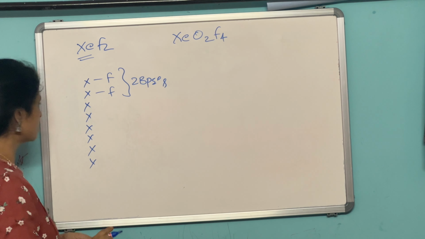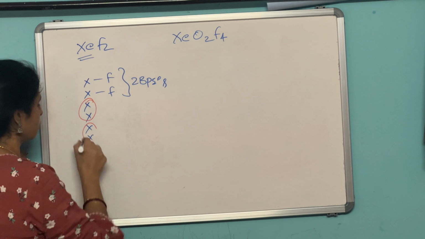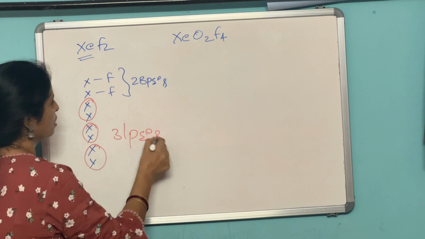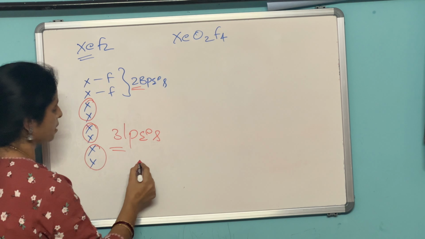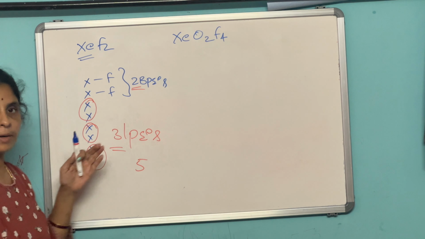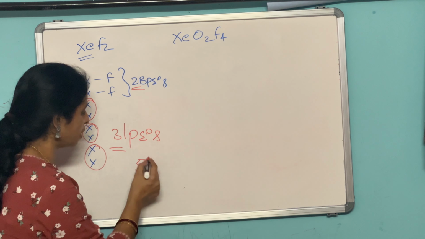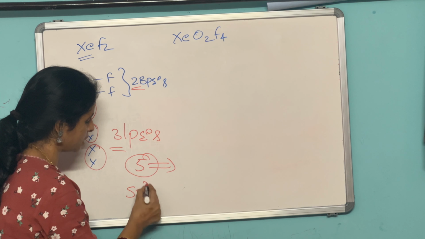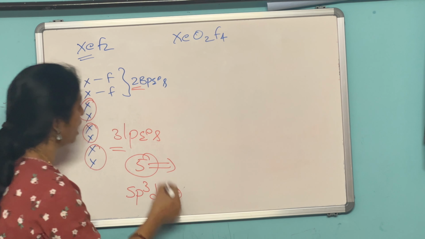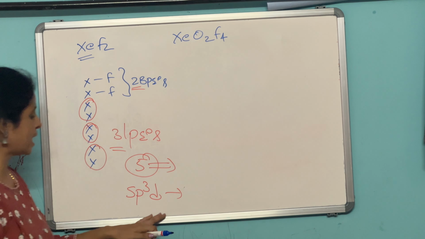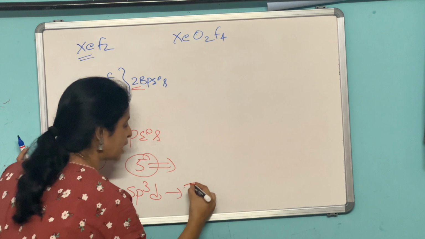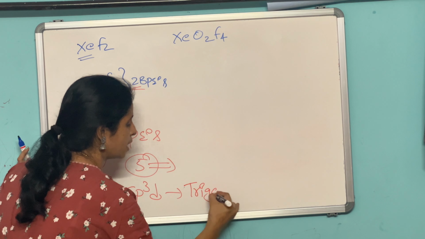How many lone pairs? 2 make 1 lone pair. So 3 lone pair of electrons. So altogether 2 plus 3, 5, bond pairs plus lone pairs. So altogether 5. What is the hybridization? 5 means sp3d hybridization. If it is sp3d hybridization, 5 means it is trigonal bipyramidal geometry.